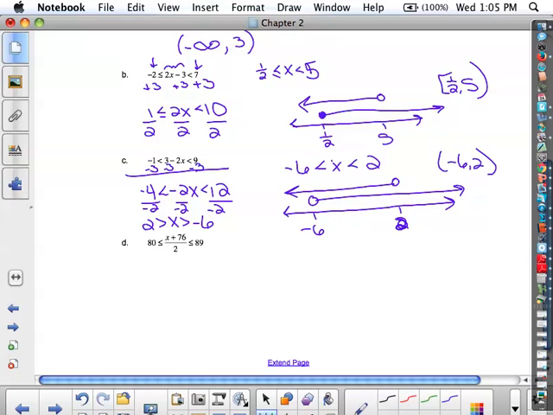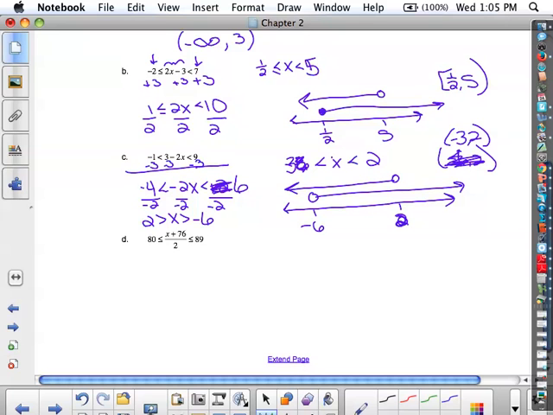Did I subtract? I think I made a mistake here. I think this should be a 6. And then this should be a 3. That's a minus 3. So this should be a minus 3 and a 2. You probably already caught that, so kudos to you. I didn't catch it till the end.